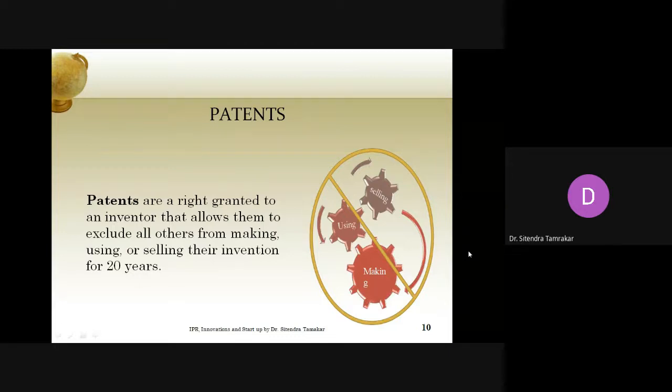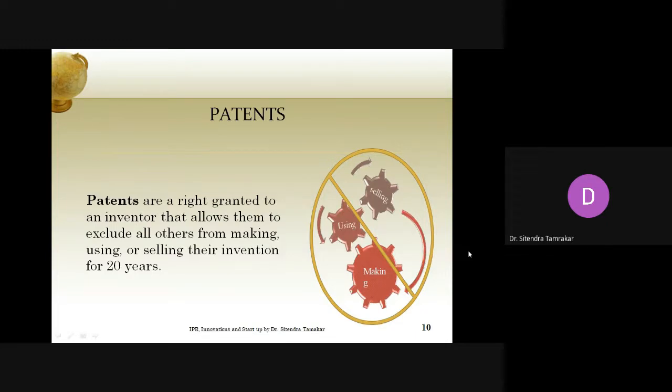So, what is a patent? A patent is basically a legal right granted to an inventor that allows them to exclude all others from making, using, or selling their invention for a maximum of 20 years. Someone has invented and registered their thing.